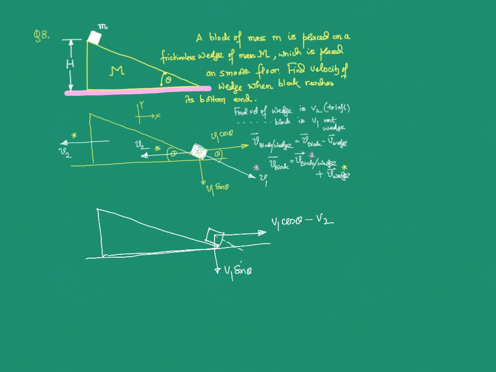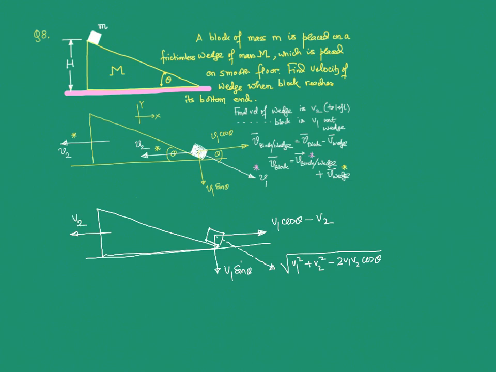And what will be the resultant velocity here? The resultant is the root of, if you square and add those, v1 square plus v2 square minus 2 v1 v2 cos theta. This is also the formula of vector addition, if you remember, for two vectors at an angle 180 minus theta.